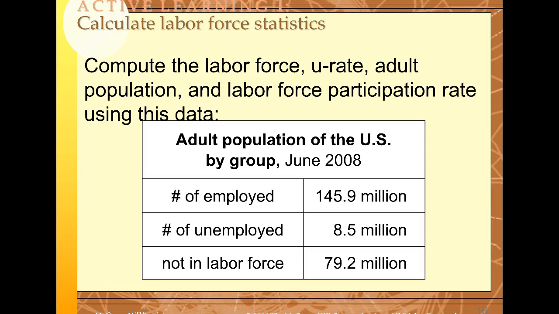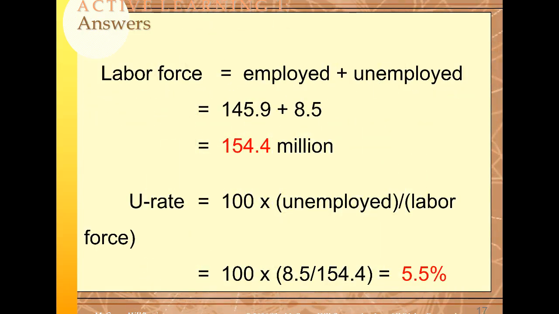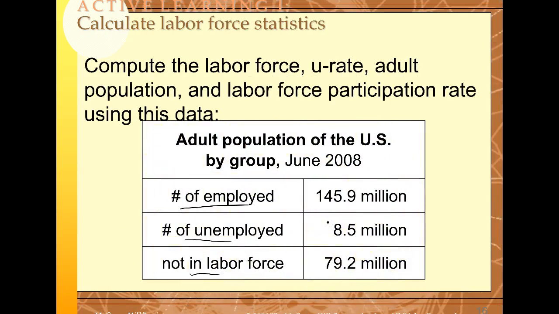This is a nice little hint for the upcoming quiz. If I gave you the number of employed, the number of unemployed, and the people not in the labor force, you should be able to calculate the unemployment rate. So how would you do this? Well, the labor force is all the people working and the people looking for work. In that previous table, the employed is 145.9.